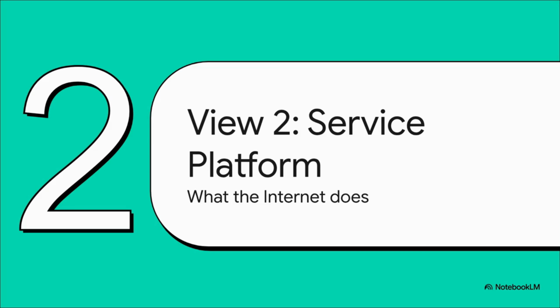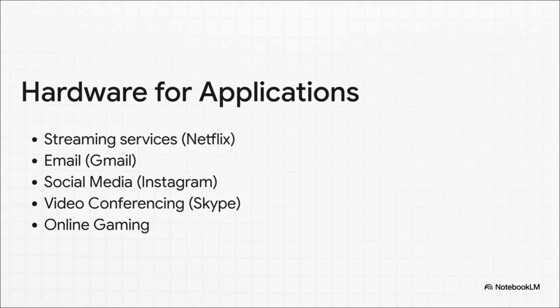We've seen the hardware, so let's see how all of that builds into the second view, the internet as a service platform. I mean, let's be honest, this incredible hardware infrastructure really exists for one reason: to power the apps we can't live without. We call these apps distributed because they're basically a conversation between multiple devices, like your phone talking to a Netflix server, all working together to bring you that movie or show.